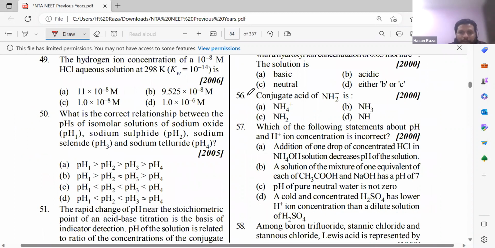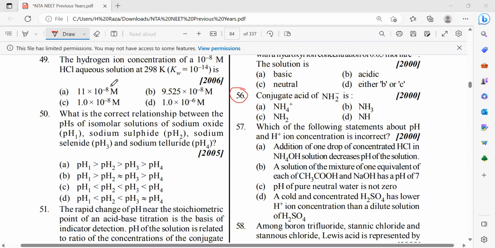Can anyone tell me the conjugate acid of NH2 minus? Okay, Alia.